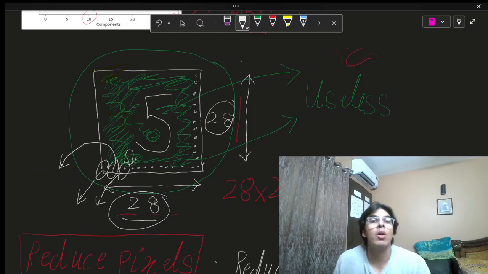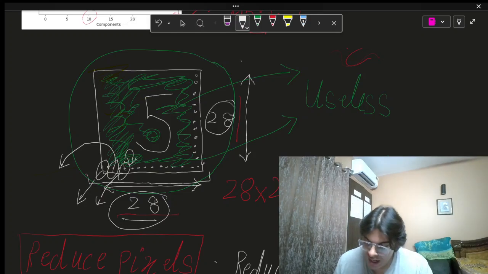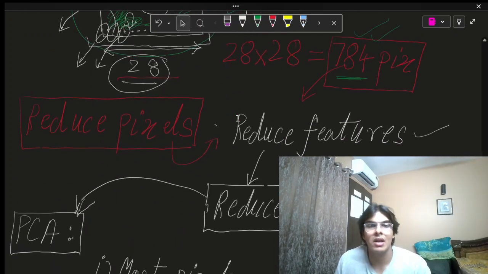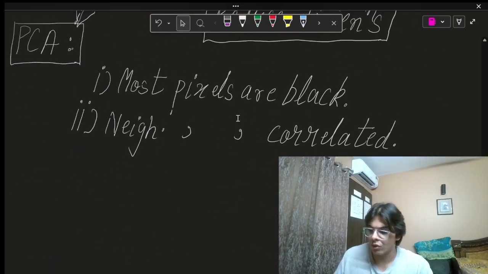So no need to keep all of them, which means that all of these pixels which are in a line, which are neighbors, are not useful to me. Okay, so I'm not going to keep all of them. So this is the second reason why reducing the dimensionality, reducing the pixels here makes much sense.